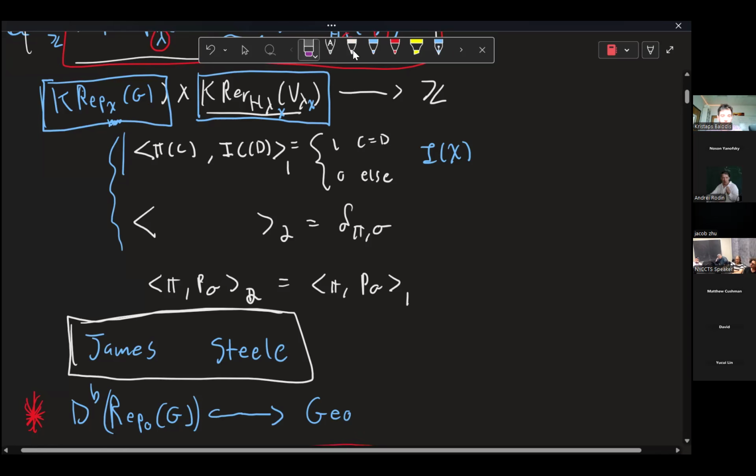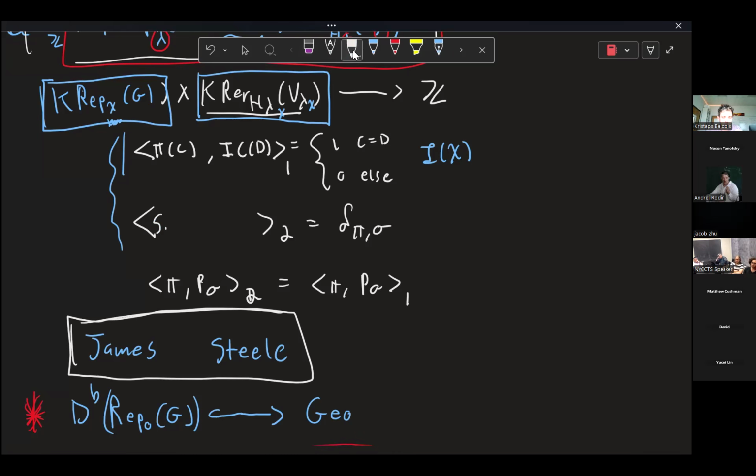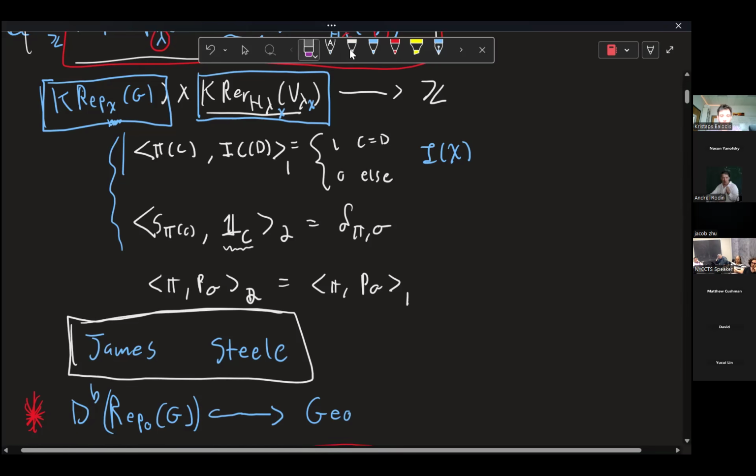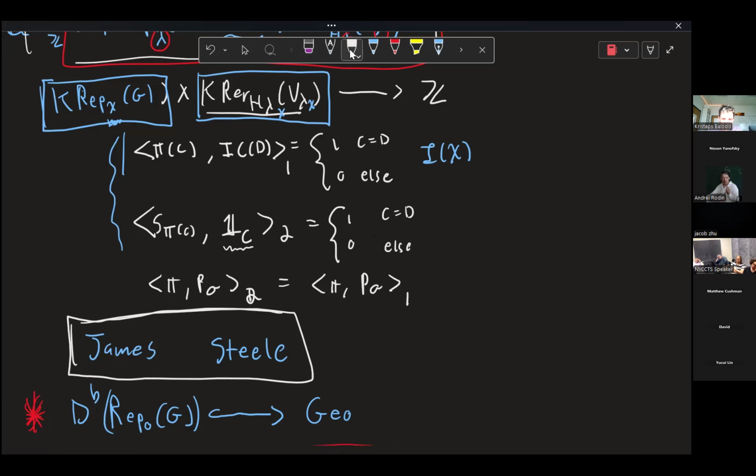But again, the idea is roughly you take the pairing of the standard representation with the unique irreducible attached to C and the trivial sheaf from the orbit C. And again, you say that this is 1 or 0, depending on whether C and D are equal. And technically, I need to push this thing forward into the full variety, because this is happening on the Grothendieck group of your full variety.